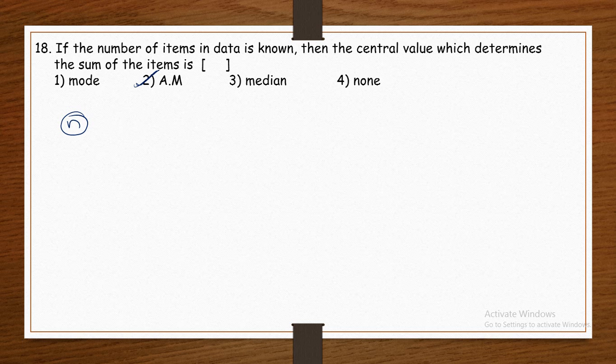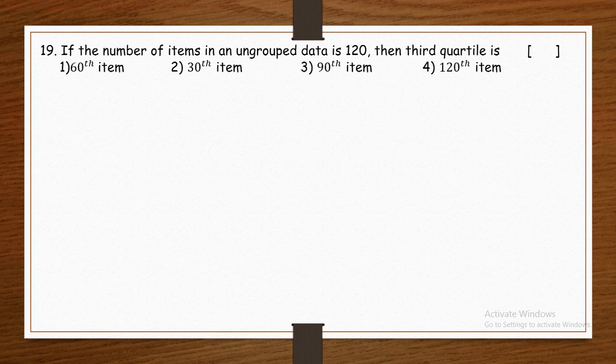Next, moving on to question number 19. If the number of items in an ungrouped data is 120, so totally 120 items are there. Then third quartile.